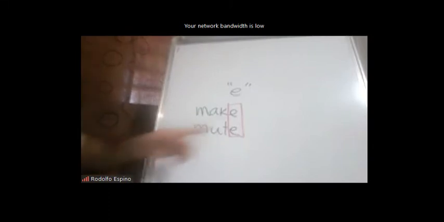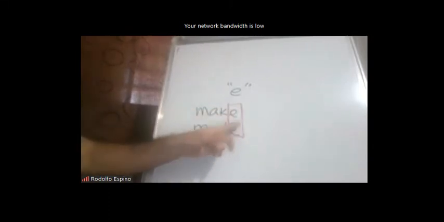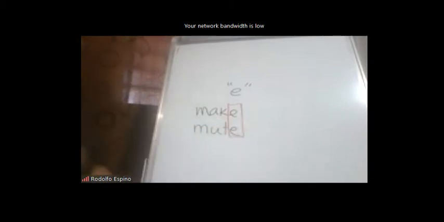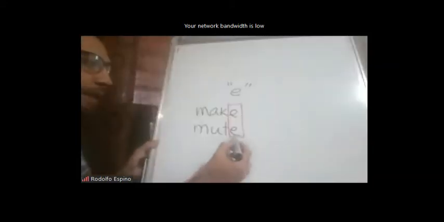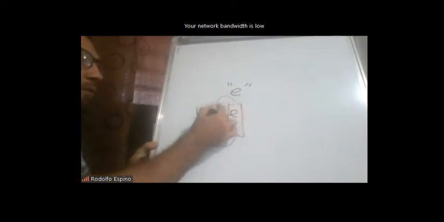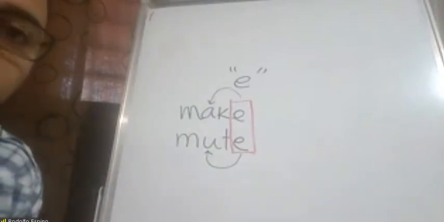When this mute or silent E happens at the end of some words, usually what happens is that the previous vowel takes the pronunciation of the name of the vowel in the alphabet.